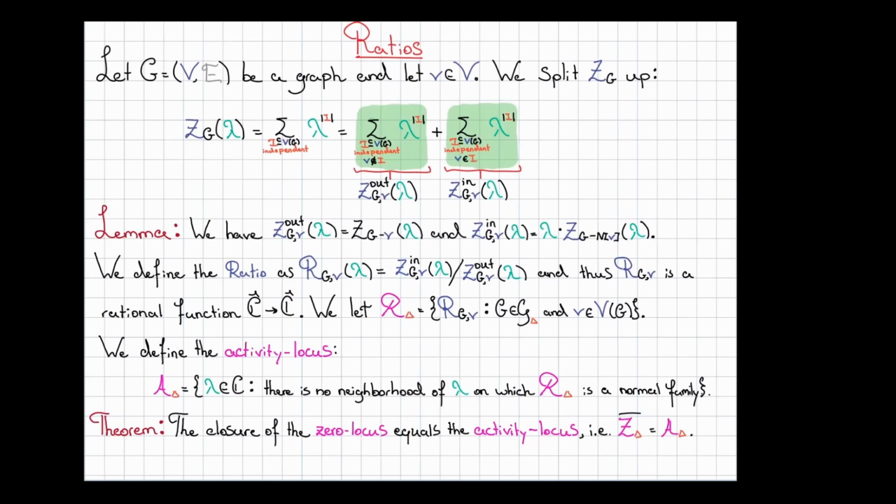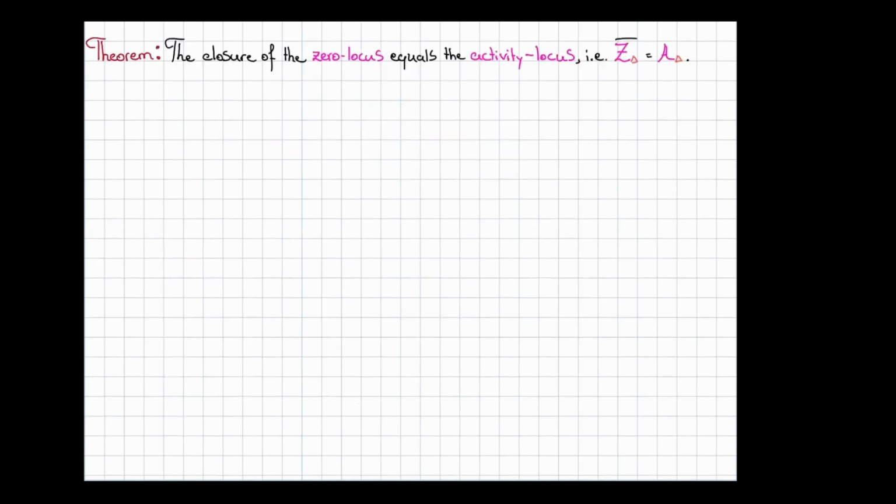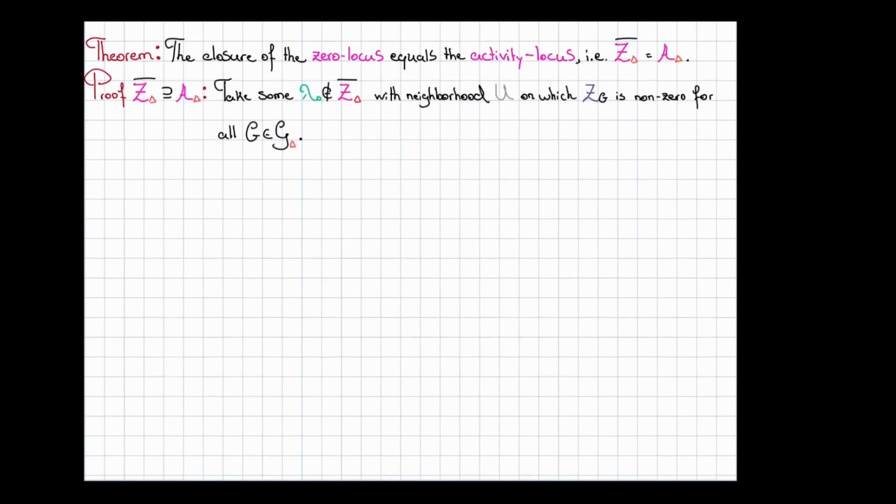Yeah, and I thought it would be nice to go through the proof of this and see how dynamics comes in. So one direction is kind of easy, and I want to prove that one.